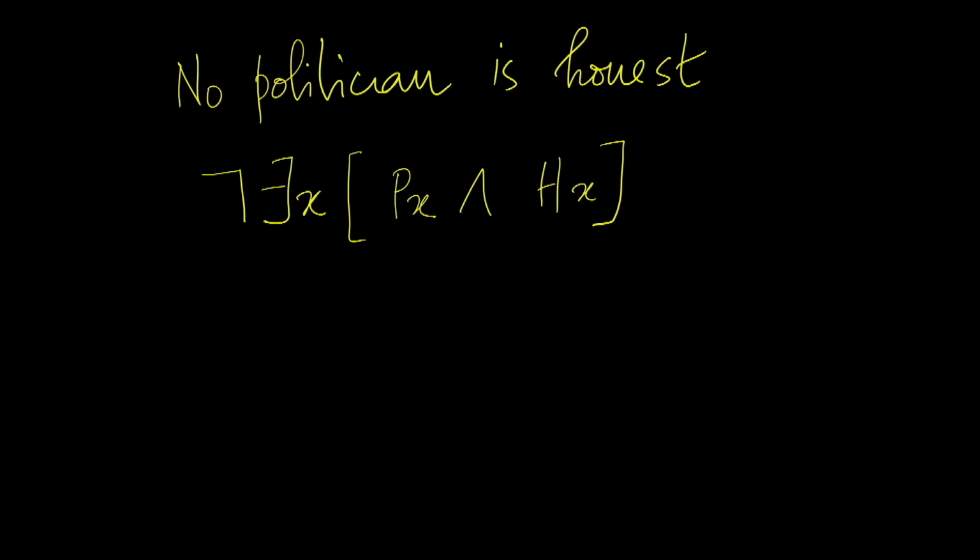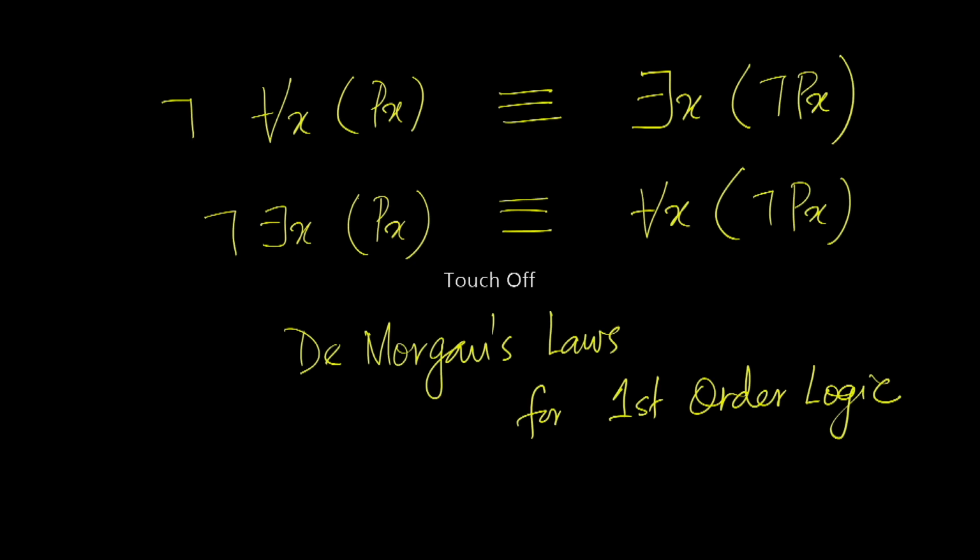Then we can apply De Morgan's laws to take the negation inside. So, from De Morgan's laws, we know that when negation is taken inside a quantified formula, it changes the quantifier. For example, when a negation travels over a universal quantifier into the parenthesis, then the universal quantifier changes into the existential quantifier.